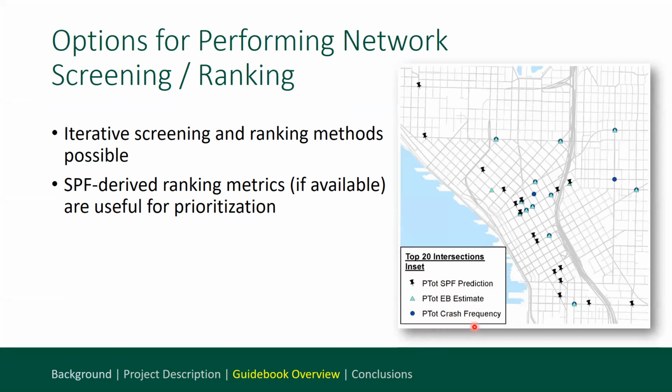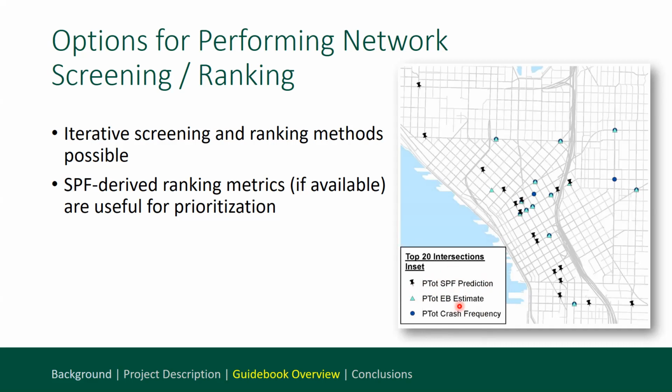That will be more like a hotspot approach. If you just see a dot, that's based on the history of that site alone. If you look at the pin marker, that's based on the SPF prediction, the safety performance prediction. And if you see a triangle, that's a combination of the two, the empirical Bayes estimate.